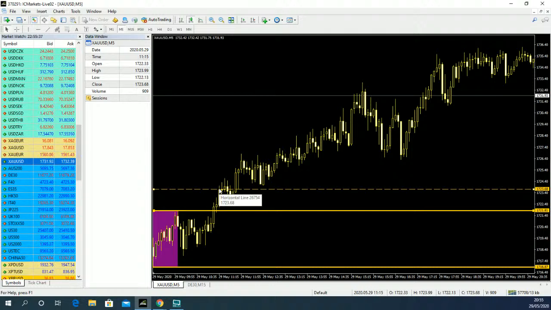Forex traders, experienced traders, how many pips do you think are there between this line and the top line here, the highest price? Make a calculated guess. We are looking for 50 pips. This box is 50 pips. So using this box, how many pips do you think it could be from here to the top?